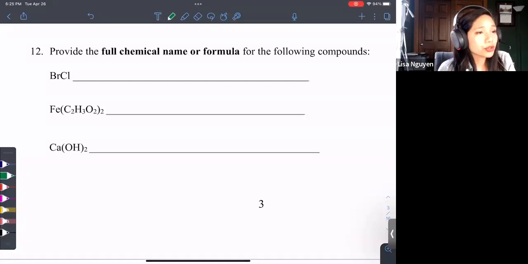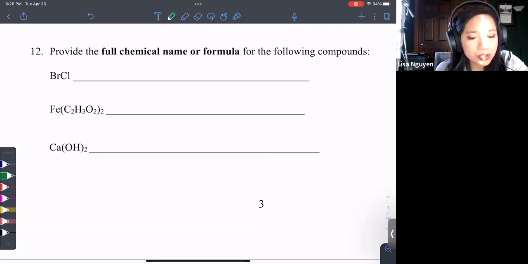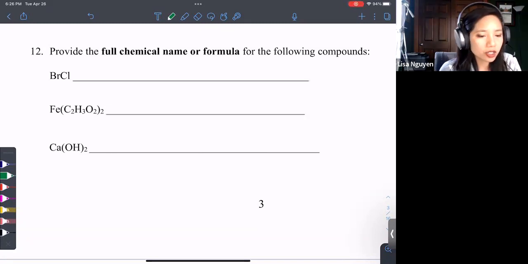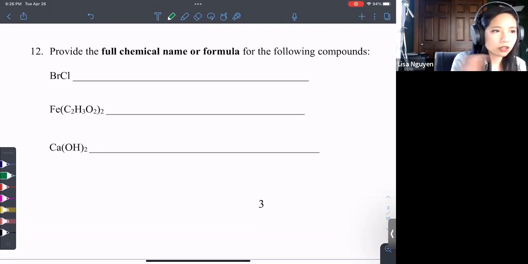But you can also have a substance that's all non-metals, and that would be under molecular naming rules, where you actually have to say how many of each element are present. So I see here BrCl, those are two non-metals. All right. So you see my strategy on the key: figure out, is it molecular or ionic?